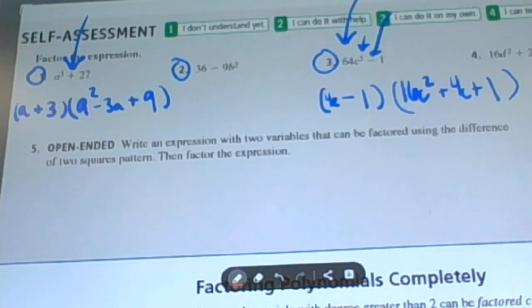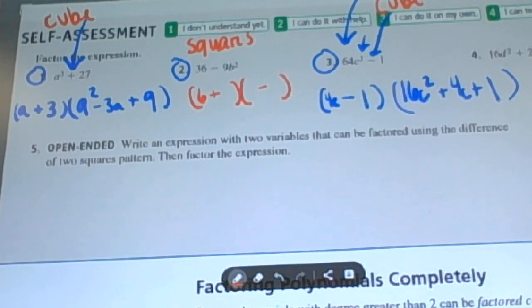This one, these are squares. This one's a cube, this one's a cube, and then the one in the middle is a square. Square root of 36 is 6.